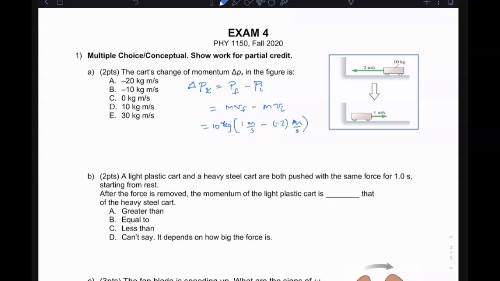In other words, we have a negative times a negative. So this is 1 plus 2, which is 3, times 10, or 30 kilogram meters per second. Choice E.